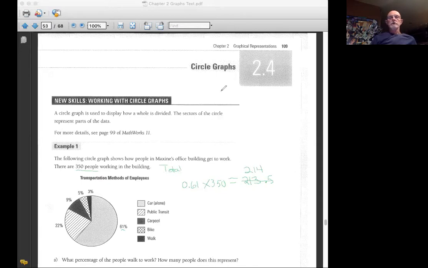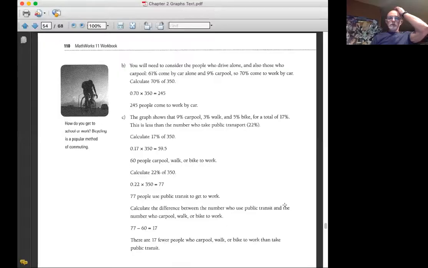So let me stop sharing this, and you can turn the page and look down the page, and you'll see some of the questions. For example, right down to C, you're given all these different types of questions.